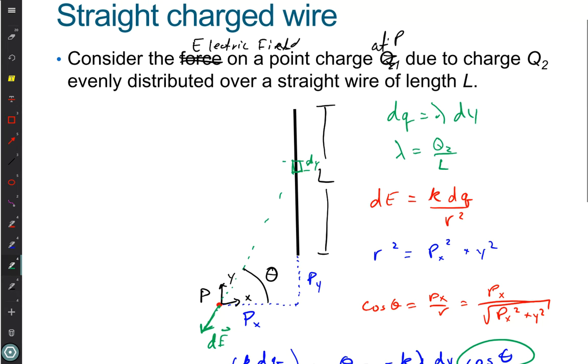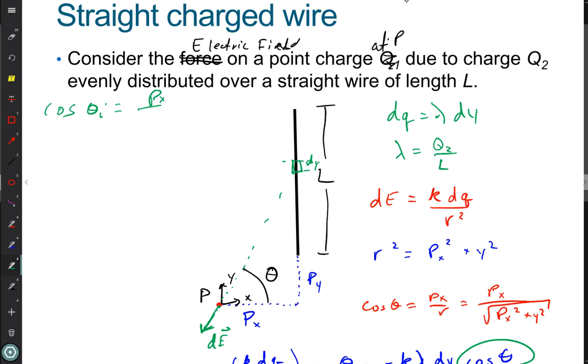Because we're out of time, I just come back here and I say, if I do the integral of sine, I'm going to have cosine. If I do the integral of cosine, I have sine. And so I just look at my geometry and say cosine of theta initial is equal to, I look at that and I say, well, px over square root of px squared plus py squared, right?